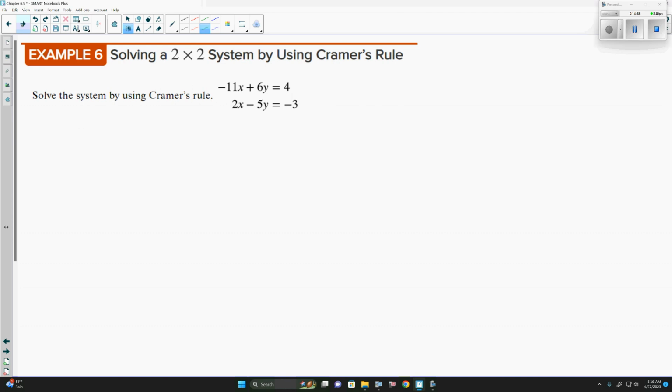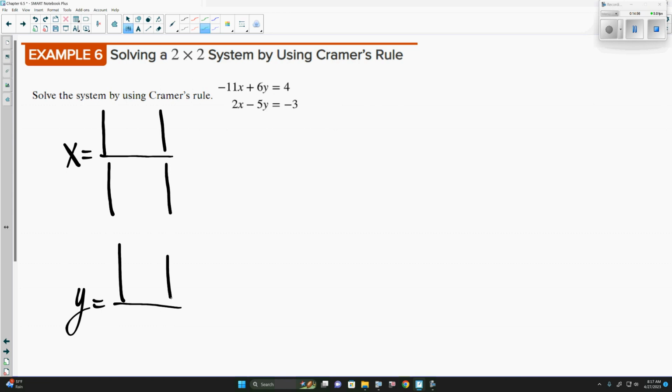Now, this is going to make a little more sense if we look at it as a whole. So to solve this by Cramer's rule, we're going to use determinants. So for x, we're going to have a determinant on top and a determinant on bottom. And we'll have the same thing for y: determinant on top, determinant on bottom. Now for x, the determinant on bottom, for both of these actually, we will take the numbers in front of the variables. So we'll have the matrix negative 11, 6, 2, negative 5.